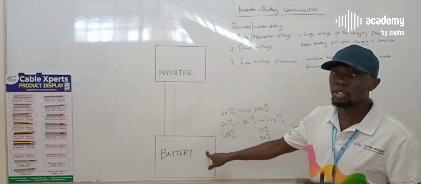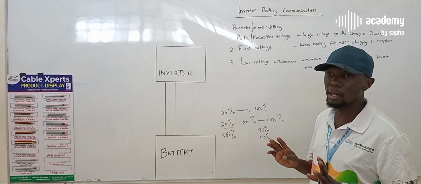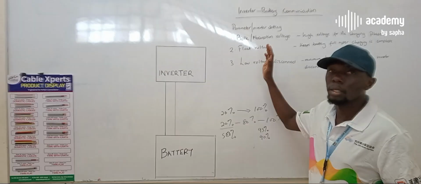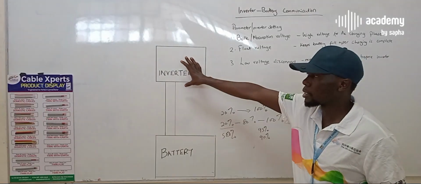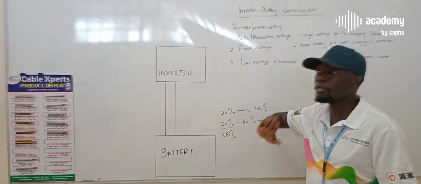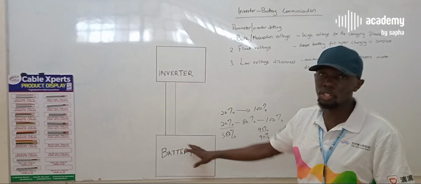There are some inverters that are so primitive that the inverter is just like a block. It is picking power from the panels. It's converting, like it has got all inbuilt components, and they've been landlocked, leaving you as a technician or as a user with no option of changing these parameters.